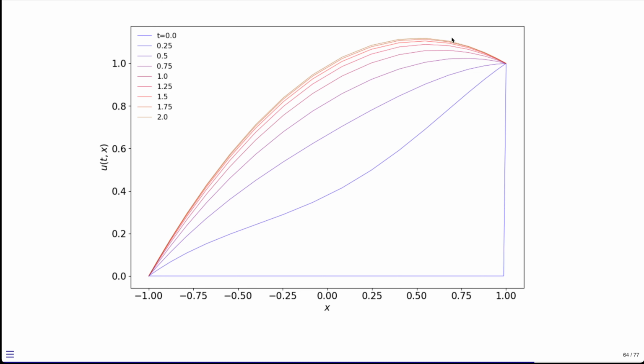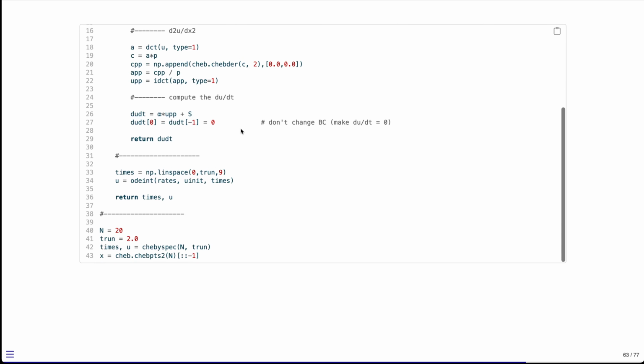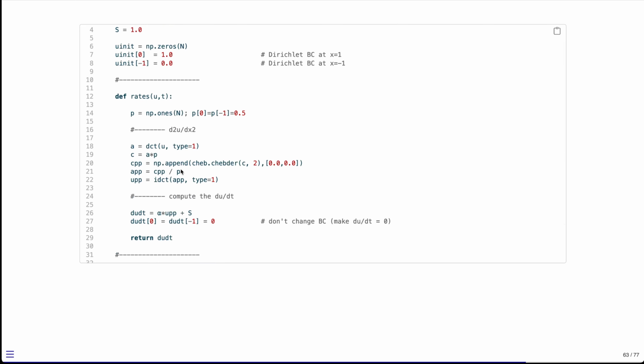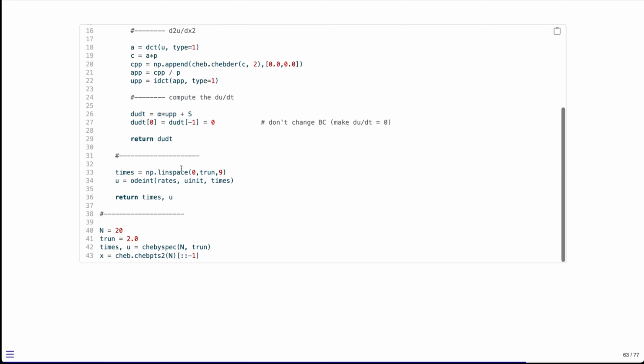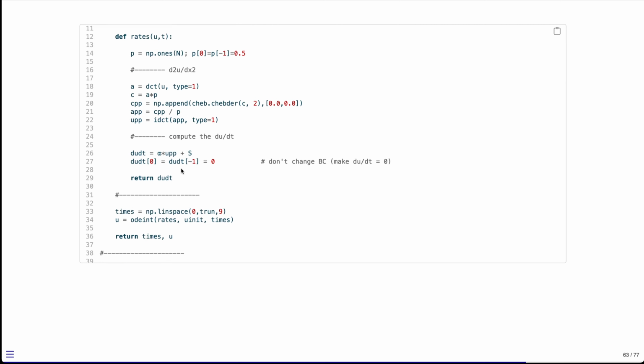So at steady state, the divergence of the flux, the heat flux, is balanced by the source term, and we get an equilibrium solution here. Okay, great. So pretty straightforward. Not a lot of code here, when we're making use of the functions that are available.